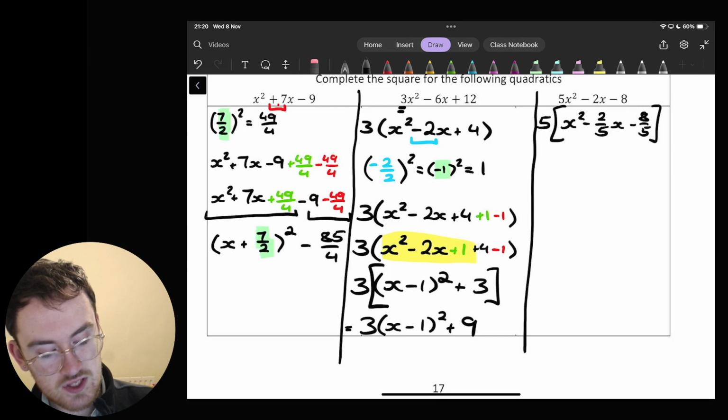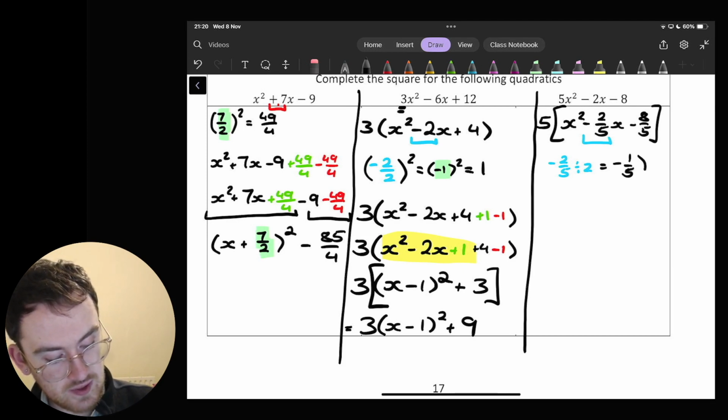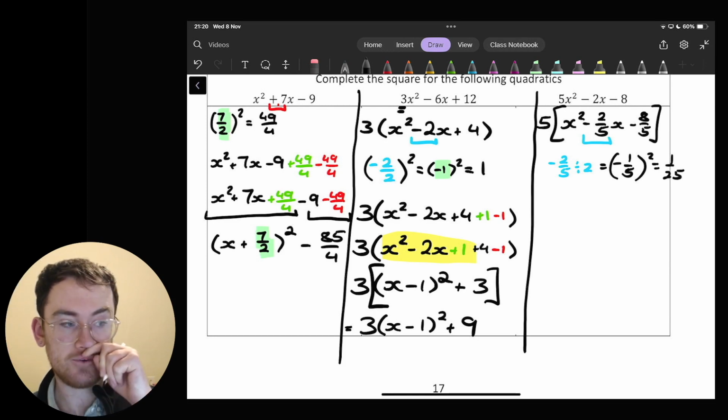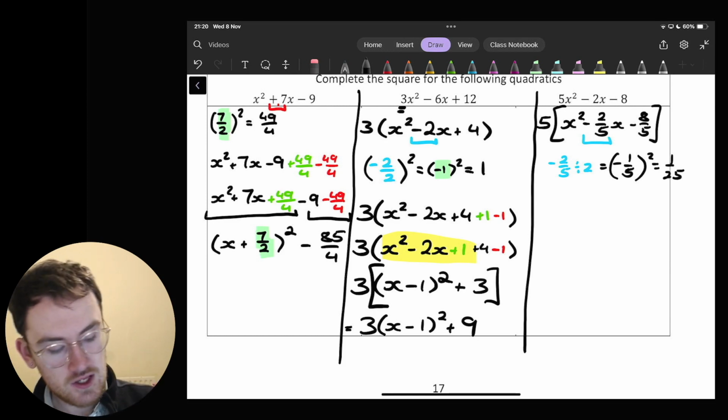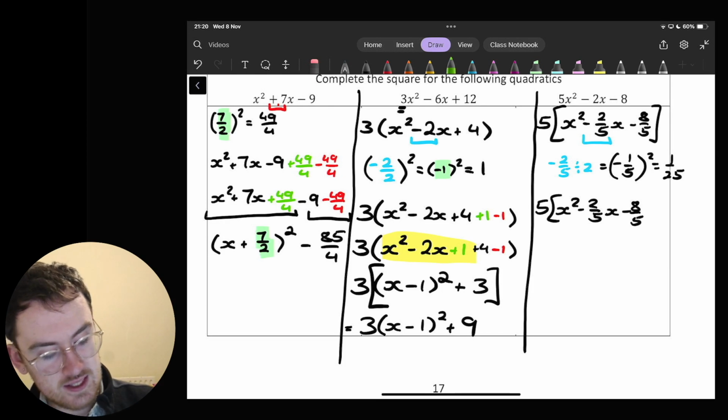So my first step is going to be to take this minus 2 over 5, and I'm going to be dividing that by 2, which gives me minus 1 over 5, and squaring that gives me 1 over 25. As before, we are going to add and subtract that to my equation that I'm looking to complete. So that means doing it inside the bracket here.